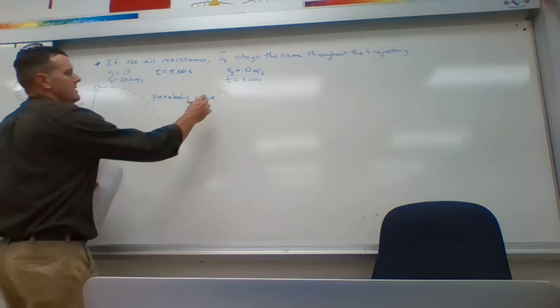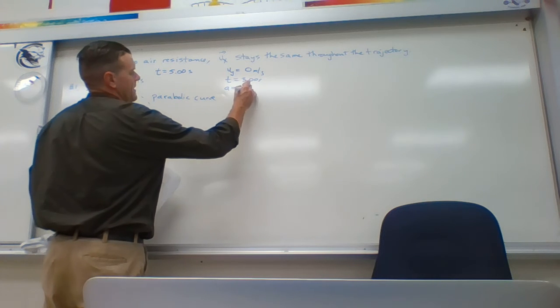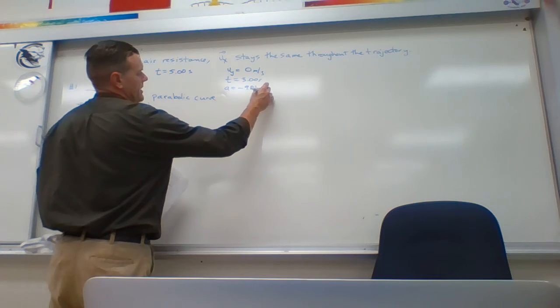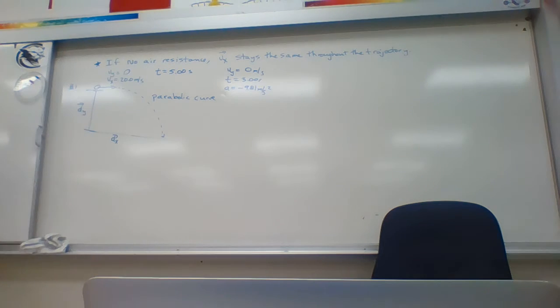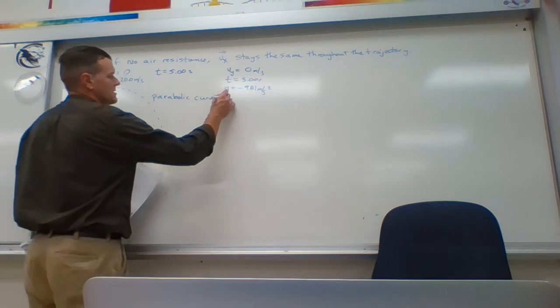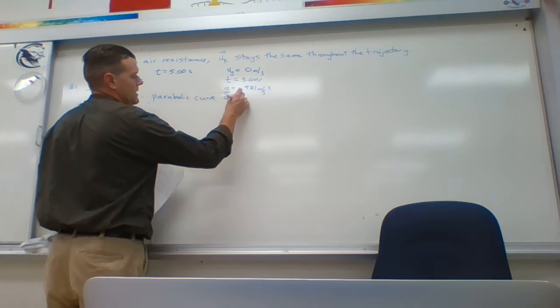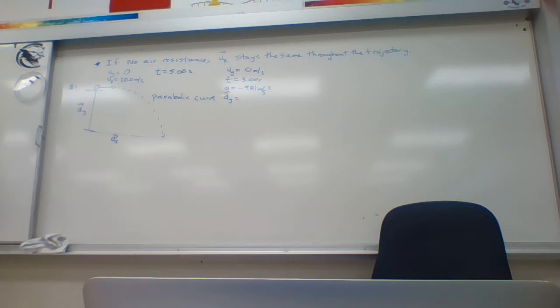Hey, there it is. And what is that? Negative 9.81 meters per second squared. That's the number that's burning in your head. So look, I actually know 3 variables, and if I need to find a displacement in the vertical direction, how far it falls vertically, I'm looking for displacement, dy.